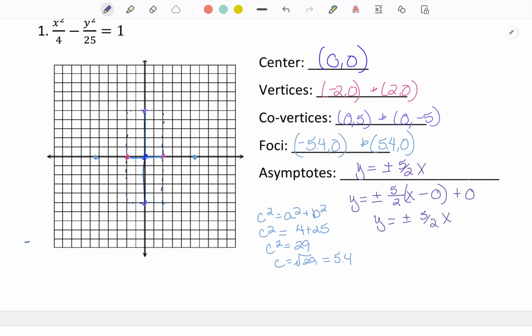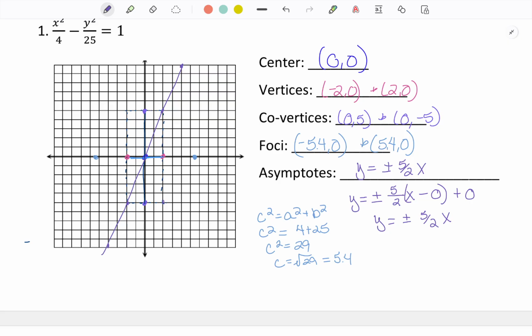So we're going to go up 5 over 2. And notice the first time we do that from our center, since that is actually our intercept as well, then we hit the corner of that box. And that's actually always going to happen whenever you draw these asymptotes.